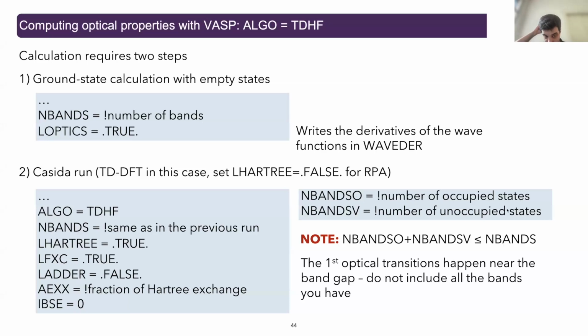And I should remark that the first optical transitions happen near the band gap. So you do not need NBANDSO and NBANDSV to encompass all the bands that you have set here with NBANDS. You should stay with a small number of bands near your gap for a semiconductor.